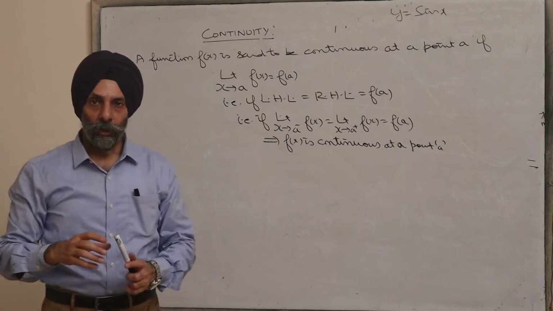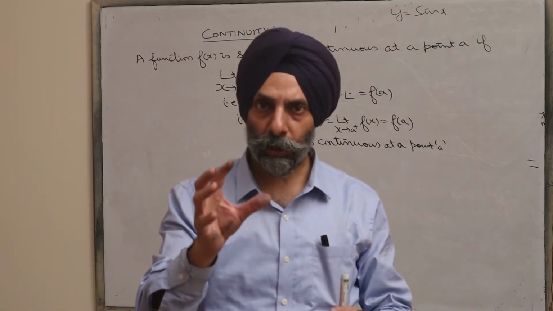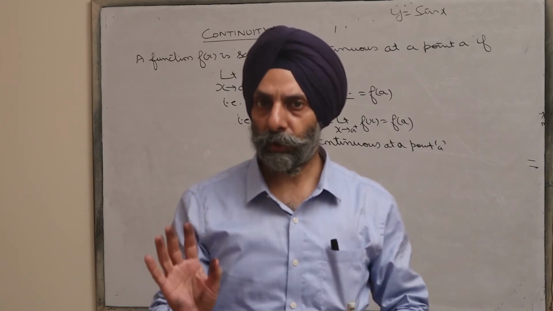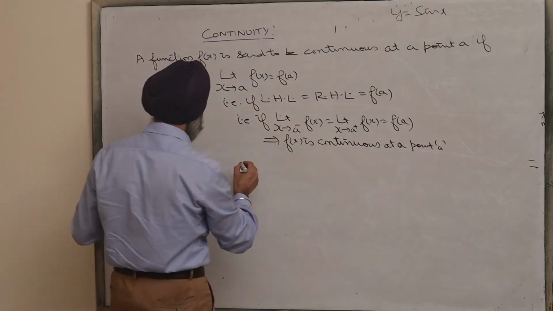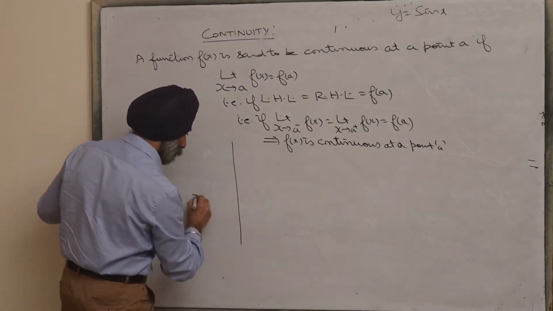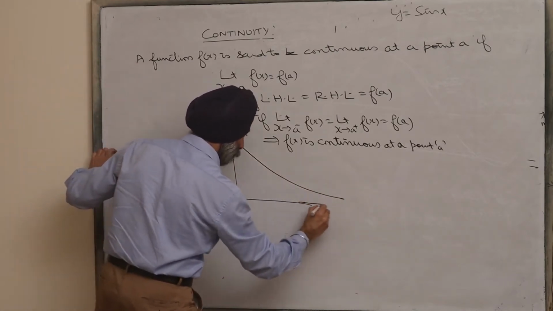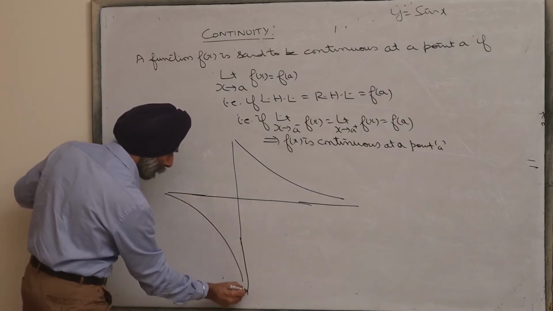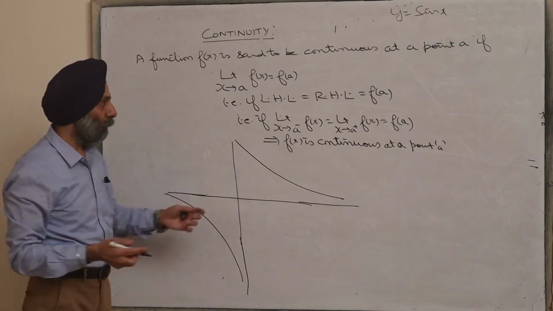Now, this means that if the limit of the function does not exist, you cannot make the function continuous. For example, this was the graph of the function. Since the limit of this function at x is equal to 0 does not exist, how can you make this continuous?